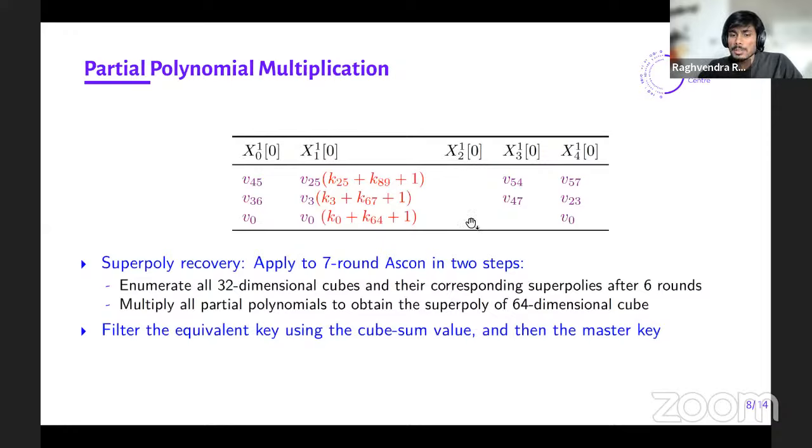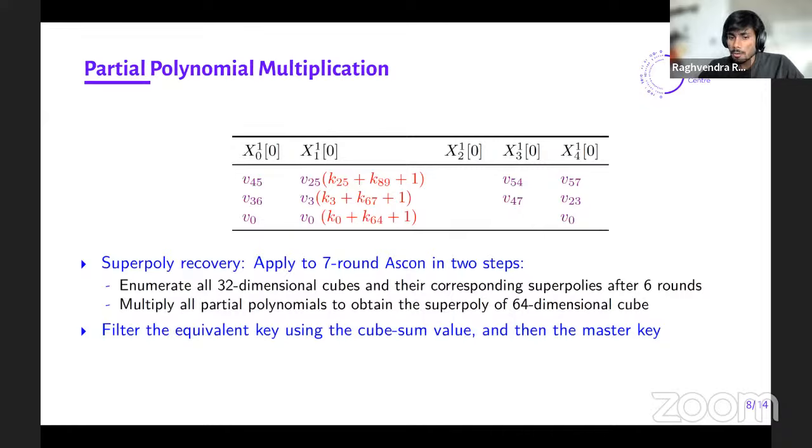Now we use this technique to recover the superpoly of 7 rounds in 2 steps. First, we enumerate all 32-dimensional cubes, and we know these 32-dimensional cubes depend on 32 equivalent key bits. We also know the information about their degree, so we compute all their superpolies. Now they are all in partial form.